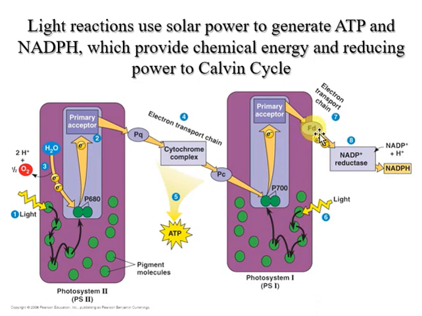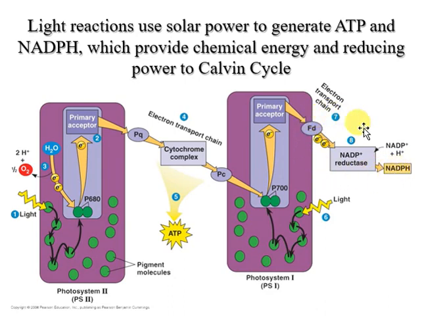Now, important note, this electron transport chain after photosystem 1 does not create a proton gradient, and it does not produce ATP. The importance of this chain is the synthesis of NADPH. That's the only thing it's going to do.